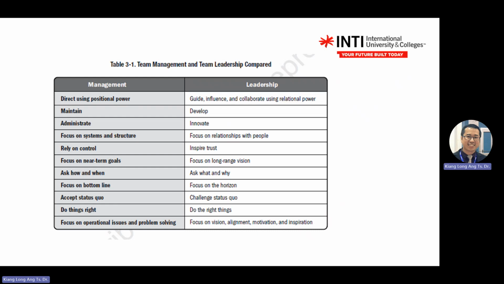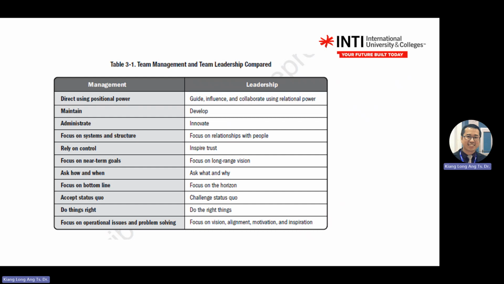Doing the right thing is more towards ethics. You'll be honest and follow professional guidelines. All these things. So when you are in leadership, you look at the broader perspective rather than going into very detailed work.